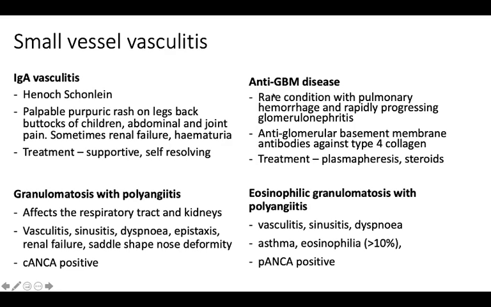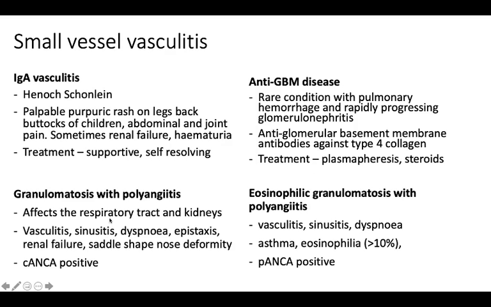So IgA vasculitis and anti-GBM disease are immune mediated. Okay, so because they obviously are to do with IgA and antibodies. So the small vessel vasculitis that are ANCA mediated are these two. So we have firstly granulomatosis with polyangiitis, which also affects the respiratory tract and kidneys, so similar to anti-GBM.